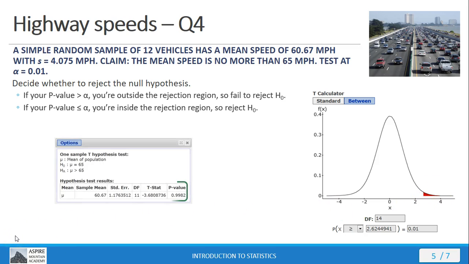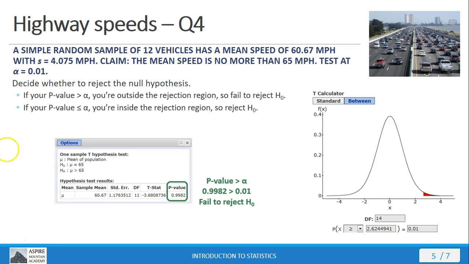We got to go back to our results window, get that last value out of the table, and we see 0.9982, practically 1. It's going to be greater than pretty much any significance level we're going to select. So definitely outside the region of rejection, definitely going to fail to reject H0.